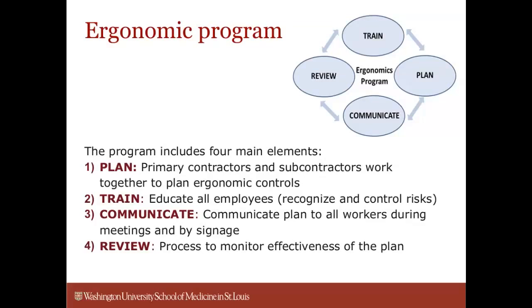The program involved planning, having the general contractor and subcontractors work together to plan ergonomic controls, training all the workers in recognizing and implementing controls, communicating a plan to all workers during meetings and by signage, and then reviewing a process to monitor the effectiveness of the plan.